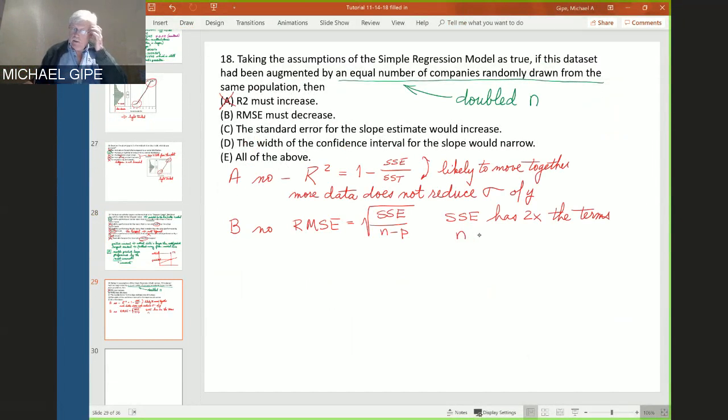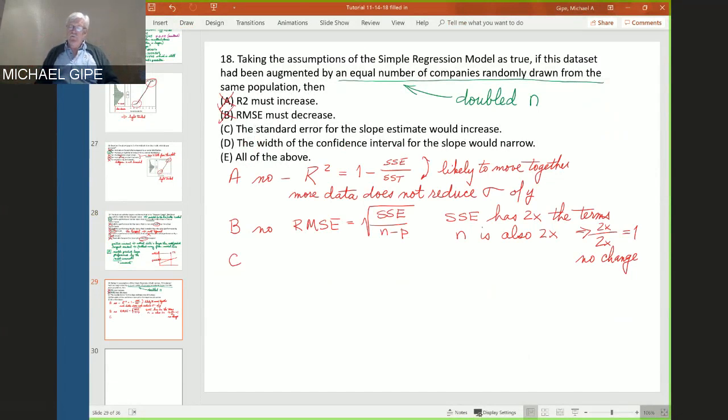But n is also 2x. So 2x over 2x equals 1, no change. And we're talking about a large number. We have almost 4,000 observations, and we're going to add another 4,000 to make it almost 8,000, so that little minus 2 is not relevant.